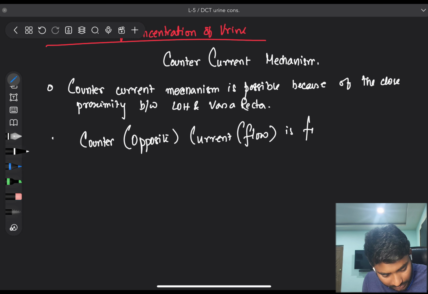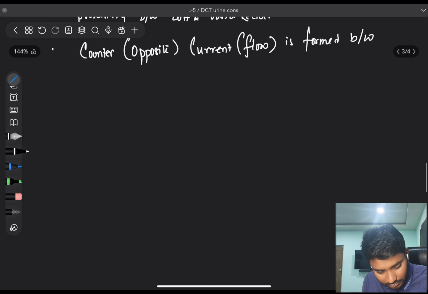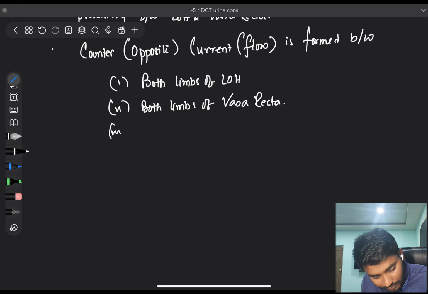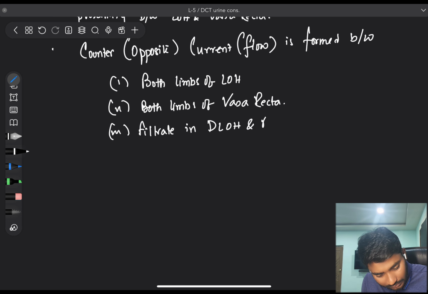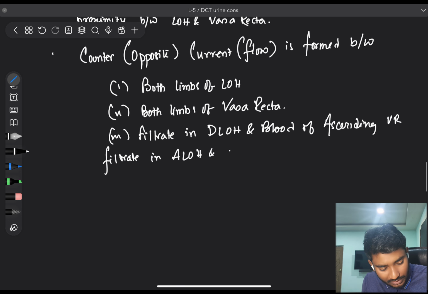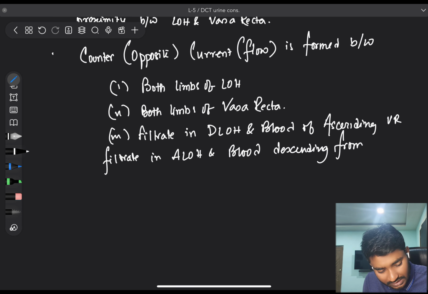So the opposite flow is formed between: 1, both limbs of the loop of Henle; 2, both limbs of vasa recta; 3, the filtrate in the descending loop of Henle and the blood of the ascending vasa recta; and 4, the filtrate in the ascending loop of Henle and the blood descending from the vasa recta.